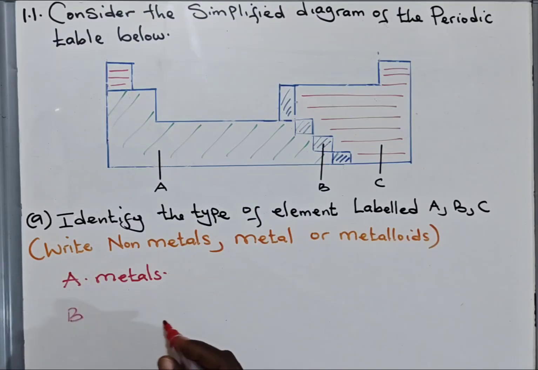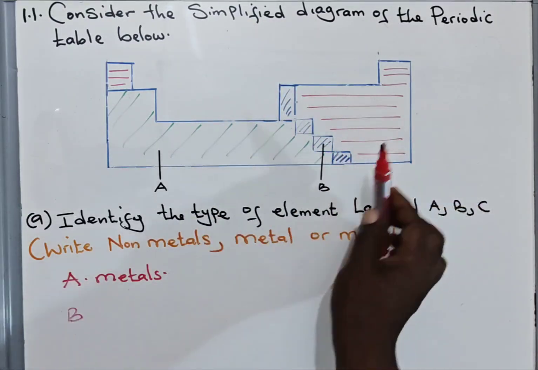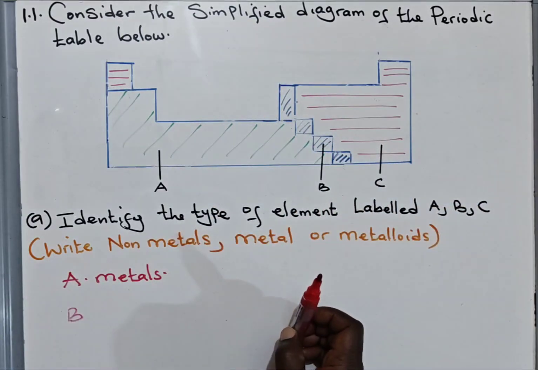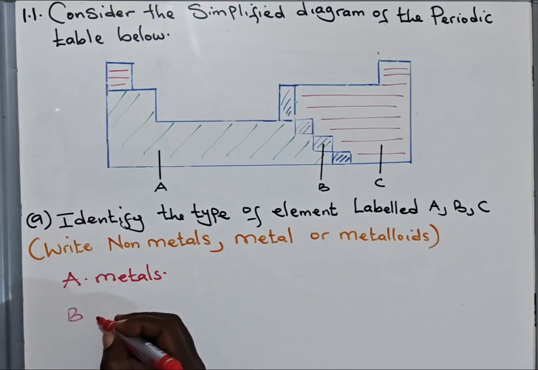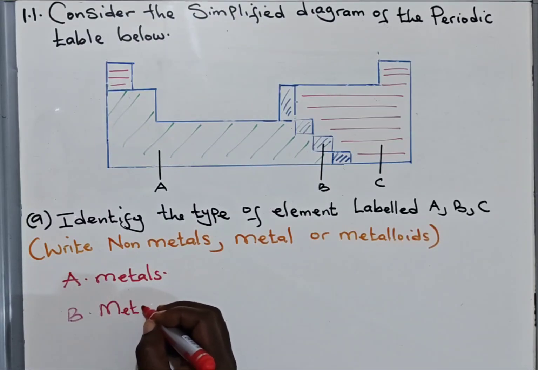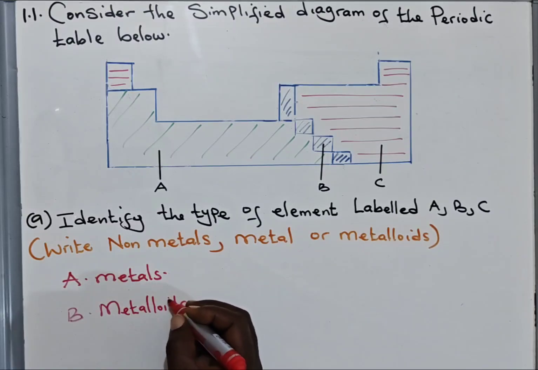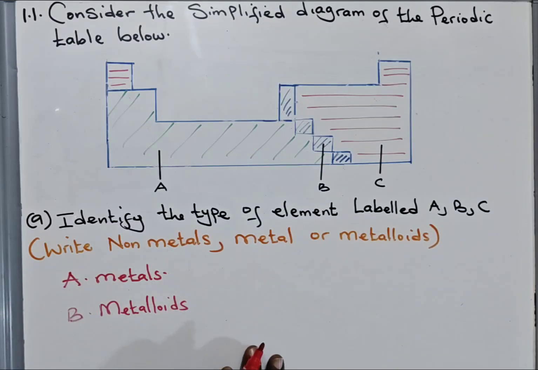Next is B. B are these lines on the border between this side and that side. What do we call them? These are metalloids, or semi-metals.